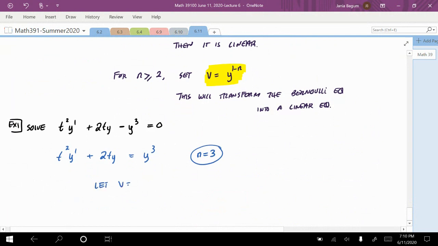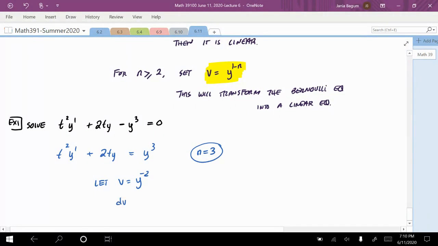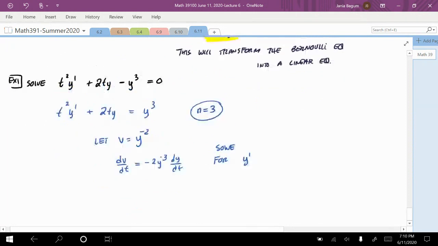We let v be equal to y to the 1 minus n, so that will be y to the negative 2. Then what is v prime? So what is dv dt? That would be negative 2 y to the power negative 3 dy dt, right? You're doing implicit differentiation. Once you take the derivative, you want to solve for y prime, because that's the variable we're going to substitute in here.